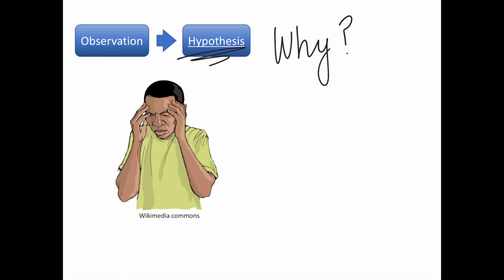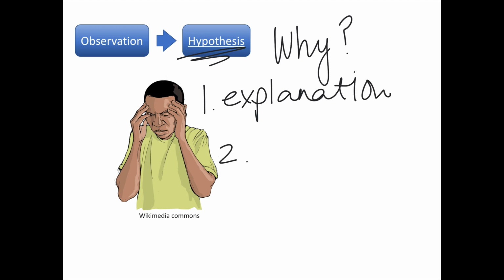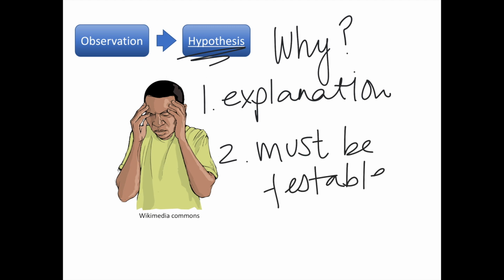A scientific hypothesis proposes an explanation and it must be testable, meaning that it leads to predictions with measurable outcomes. So in this case, you might hypothesize that your head hurts because you have a tension headache.